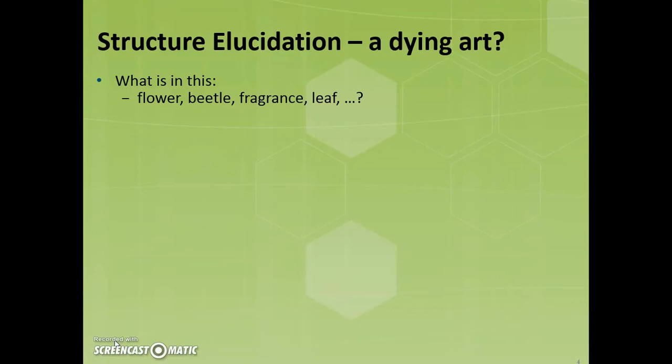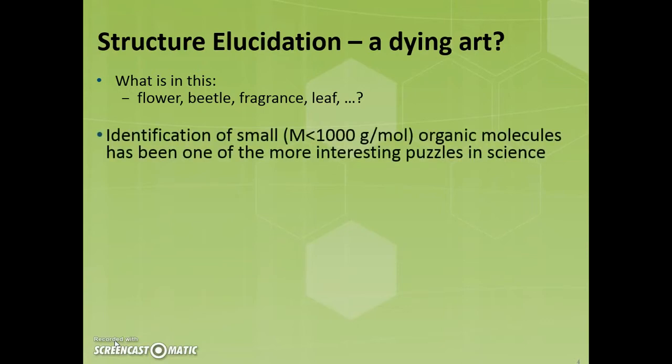Typically they're natural products like this that are elucidated. And identification of these organic molecules has been a really interesting puzzle. A very fun problem to try to figure out what a given pigment might be, or some kind of active compound maybe in an herbal remedy. It's one of the more interesting puzzles in science.